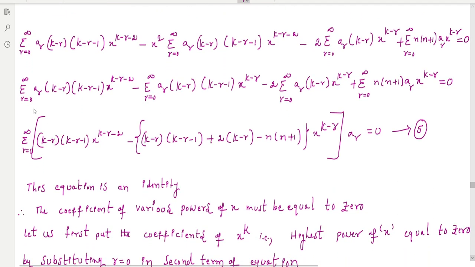If you observe here, there is an x power k minus r minus 2 coefficient term, and an x power k minus r term. In equation number 5, I'm going to compare the x power k terms, x power k minus 1 term, and x power k minus r minus 2 term.